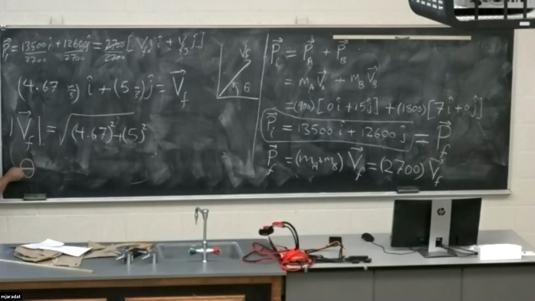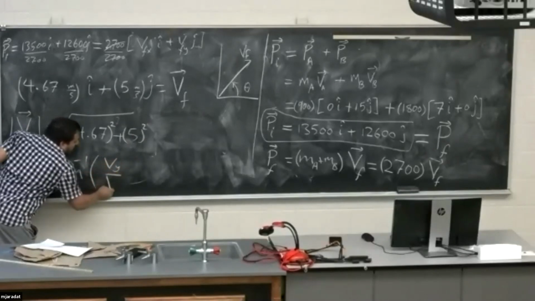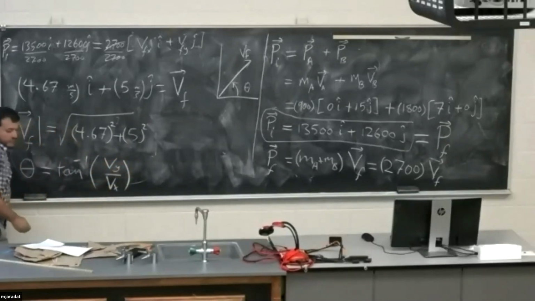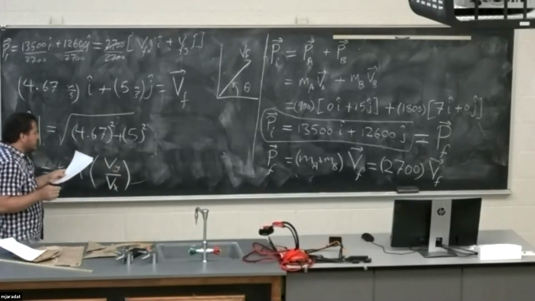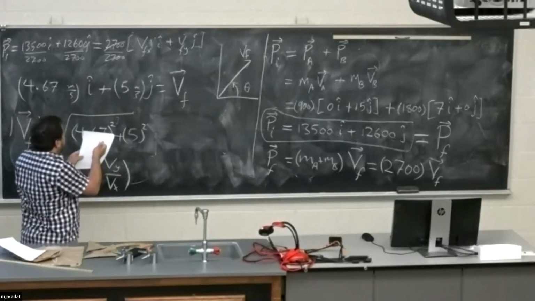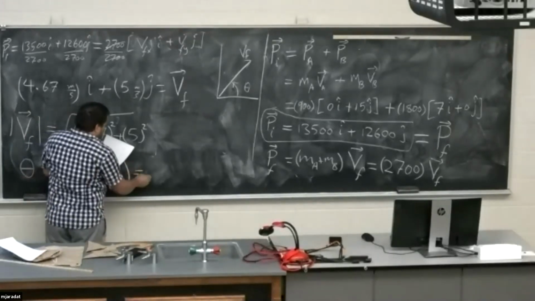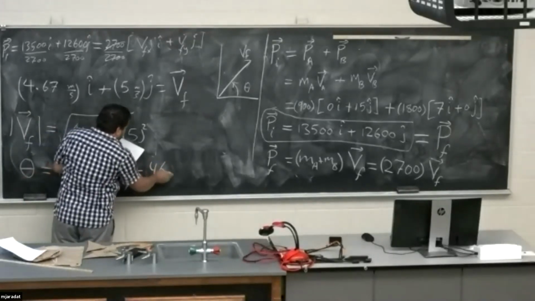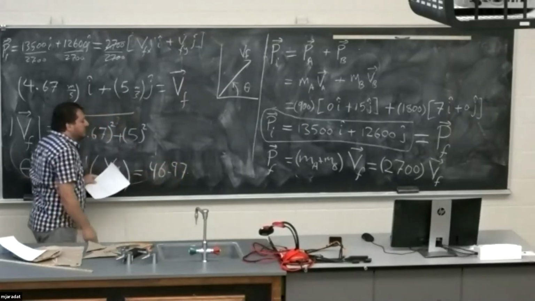What is the theta? It is tan inverse of Vy over Vx. I didn't find the speed in that page, but theta is equal to 46.97, almost 47 degrees.